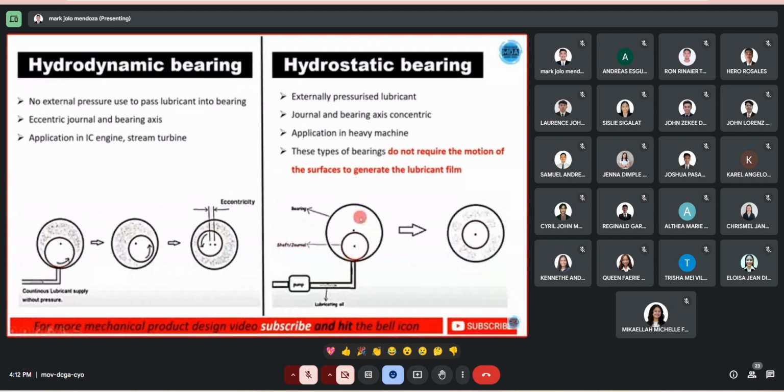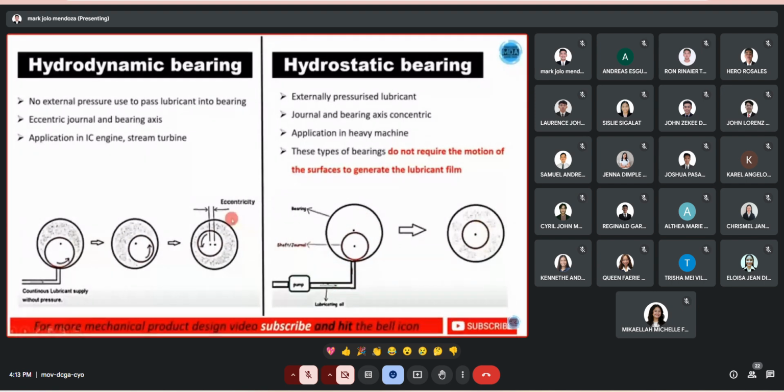With the pressurized lubricant, we are lifting the shaft, and it will be concentric. So eccentricity will not be there, and the shaft center coincides with the bearing center.